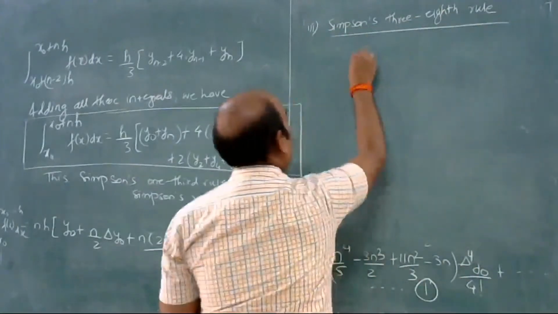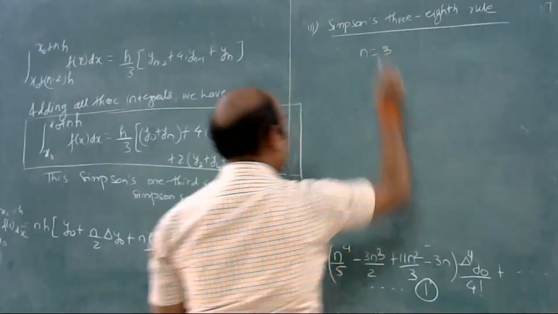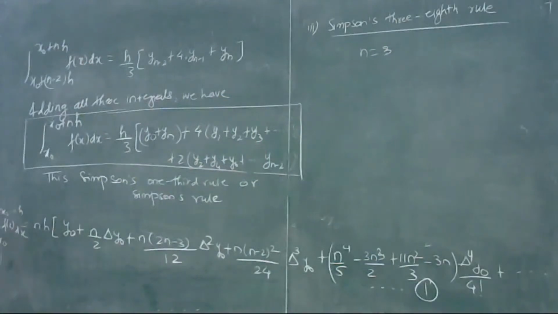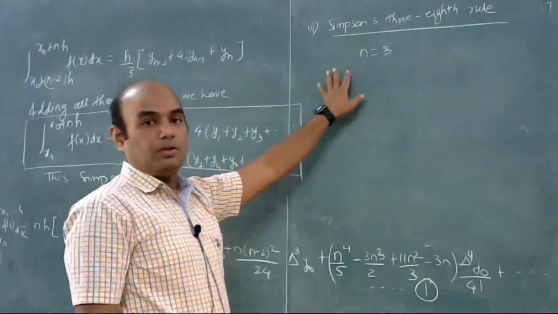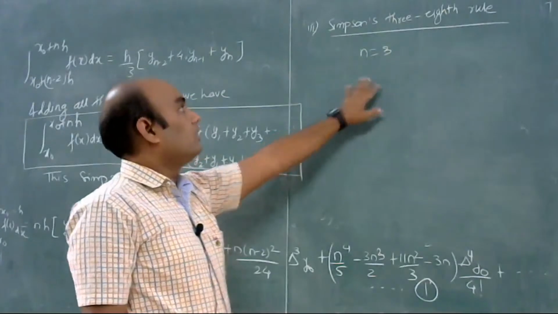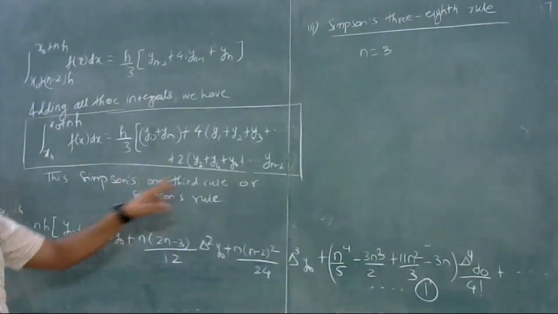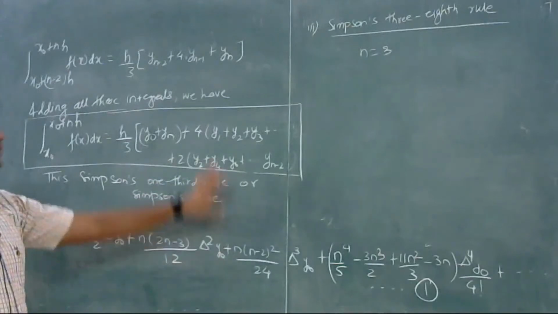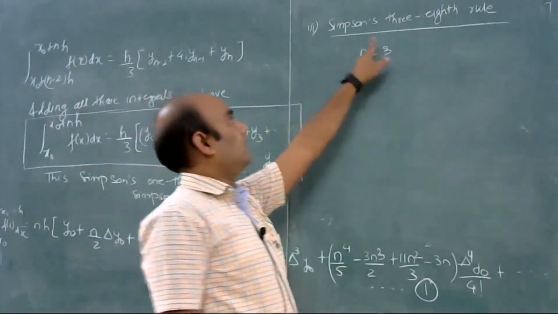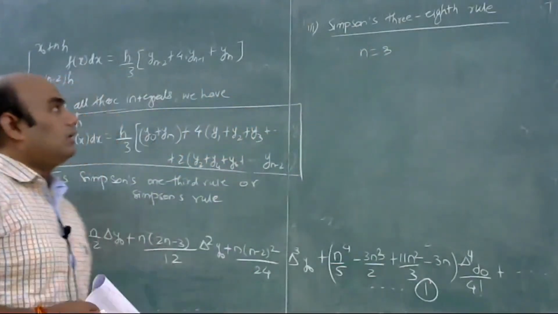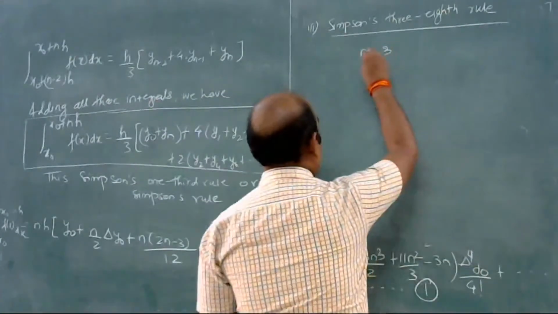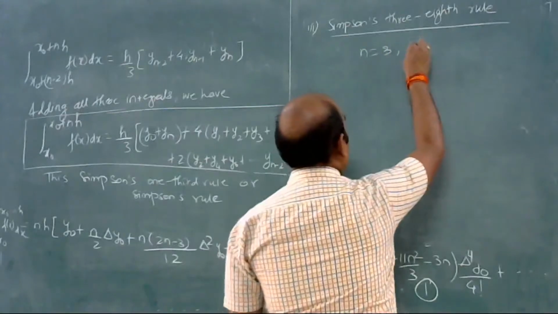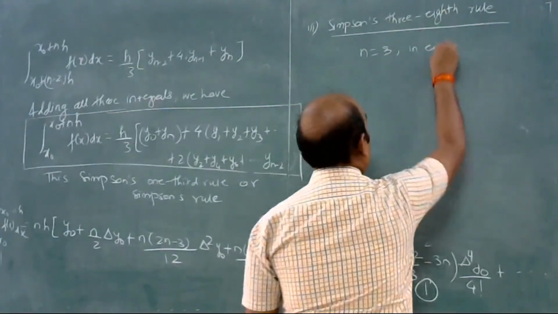Okay, so here you will put n is equal to 3. We started from n is equal to 1, where we found the trapezoidal rule. Then n is equal to 2, we got the Simpson 1/3 or Simpson rule. And when we put n is equal to 3, we get the Simpson 3/8 rule.